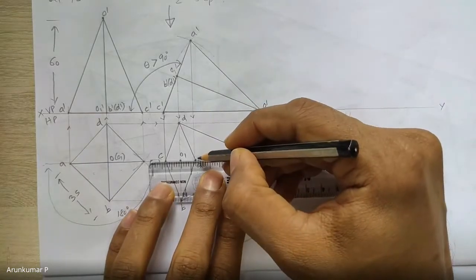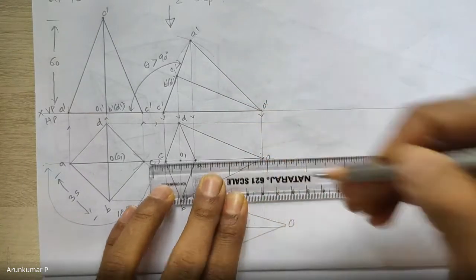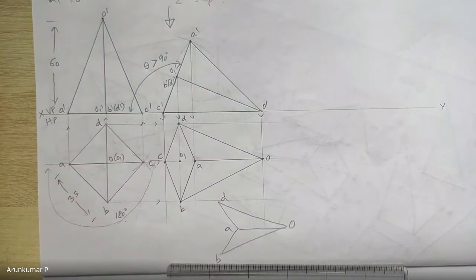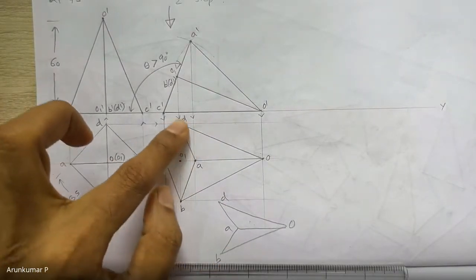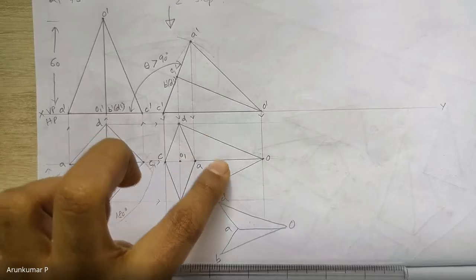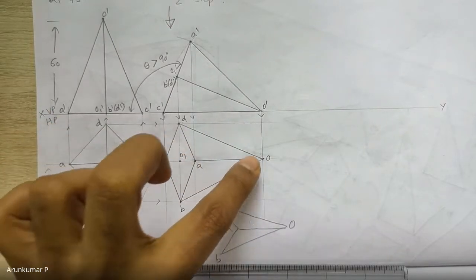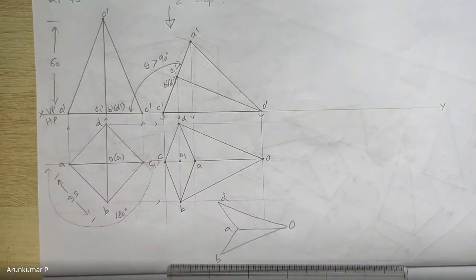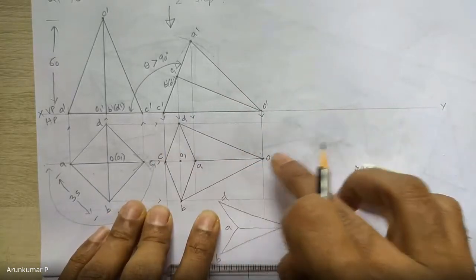Join A and O. So in the top view, you are seeing the base ABCD and 2 triangular faces OAB and OBD. And the entities which are not seen are these OC and all.